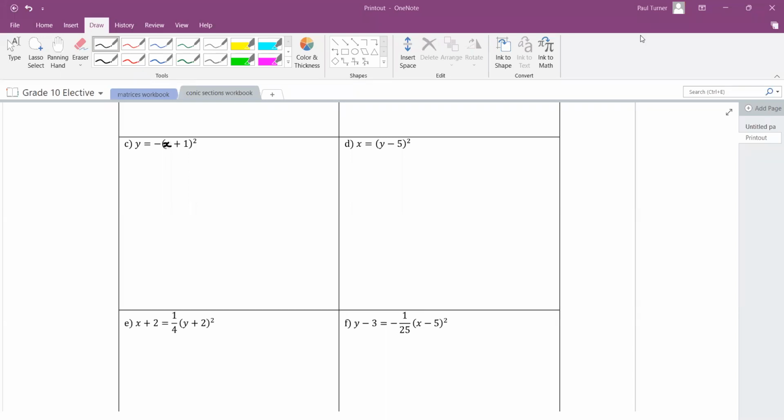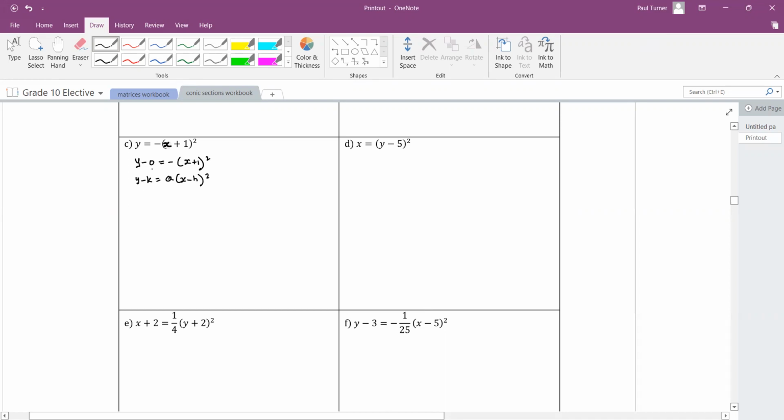Okay, so in question C, we have the same kind of problem. Let's rewrite this as y minus 0 equals negative x plus 1 squared. So let's compare that to this form: y minus k equals a(x minus h) squared.